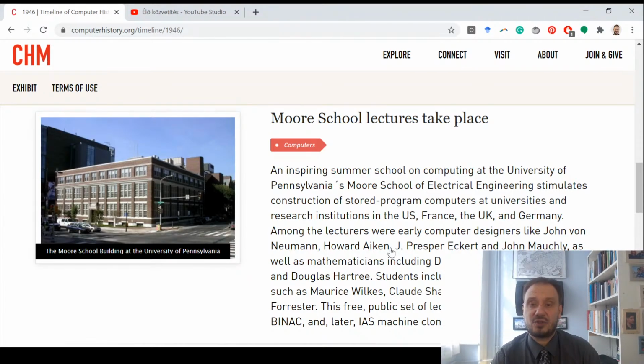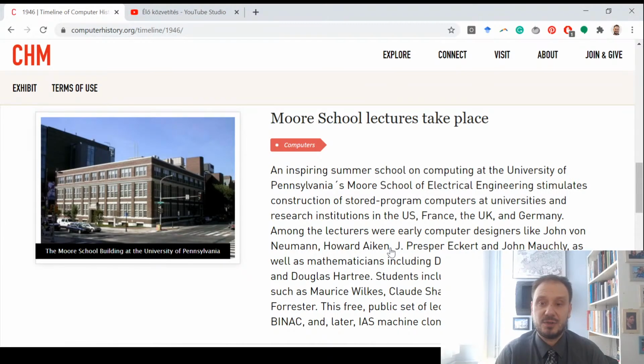Among the lecturers were early computer designers like John von Neumann, Howard Aiken, who we just mentioned, at Harvard Mark I, G. Presper Eckert, John Mauchly, also working close to John von Neumann, and mathematicians like George Stibitz.